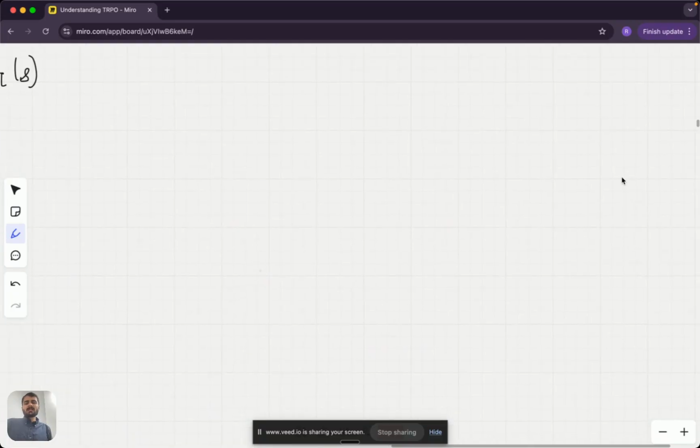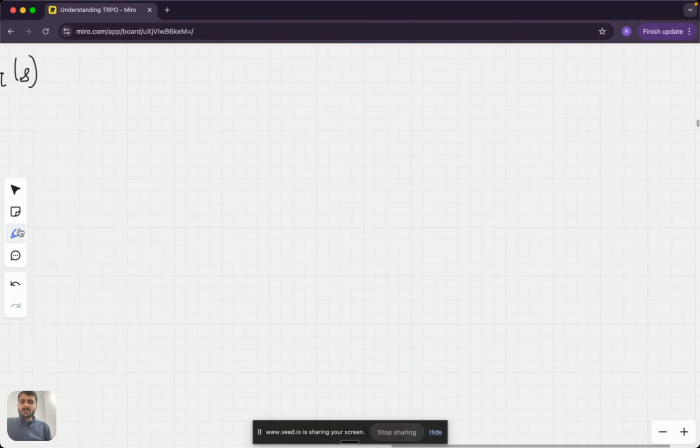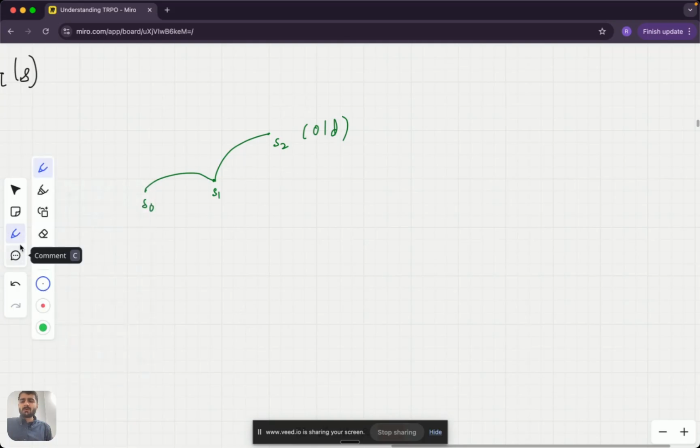So let's try to understand this in terms of a diagram. Let's consider only three states. Let's say this is S0, S1, and S2. This is the old policy. Now, what we do is that for the new policy, to calculate the performance of the new policy, we assume that the agent keeps visiting these states.